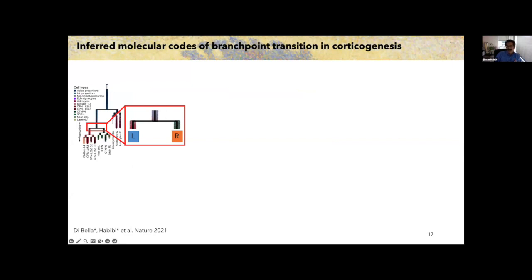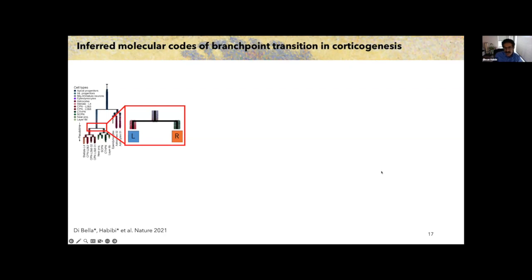I trained a classifier to distinguish a class, for instance the parent versus the rest, and asked the classifier which genes or features are more informative for distinguishing each of these compared to the alternate branching.